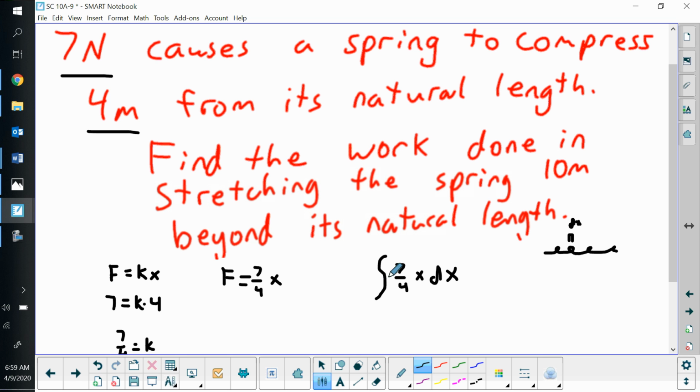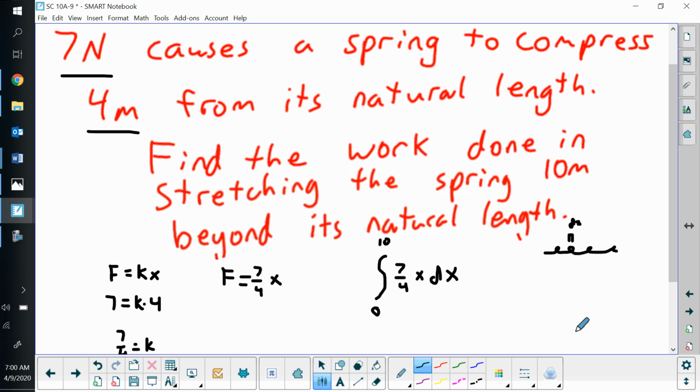The integral values are where people usually make a mistake on spring problems. The integral numbers are always in relation to the natural length. We want to find the work done in stretching a spring 10 meters beyond its natural length. So that means we're starting at the natural length, so 0, and we're going to 10 meters.